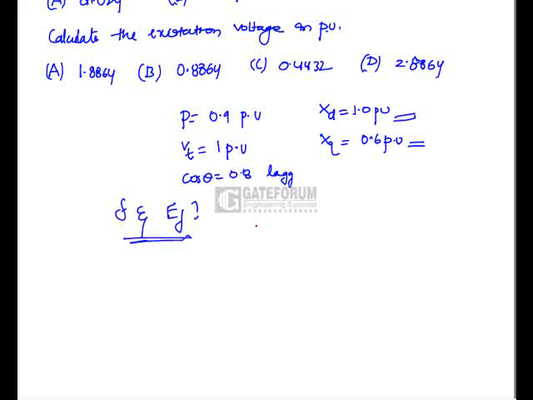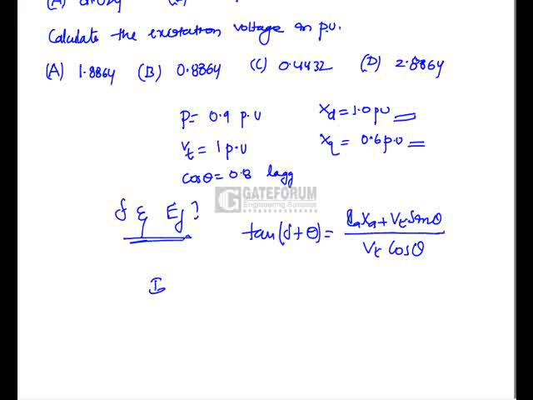Now tan of delta plus theta is equal to Ia Xq plus Vt into sin theta, by Vt into cos theta, where Vt represents terminal voltage, Ia armature current, Xq is the quadrature axis reactance, and theta represents the power factor angle.